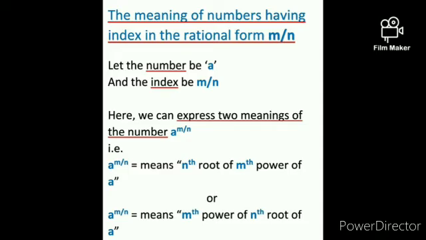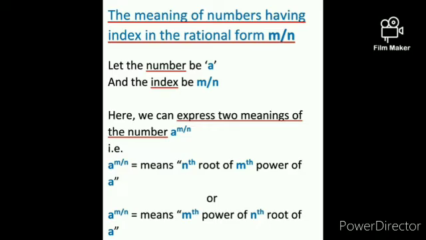The meaning of the number having index in the rational form m upon n. Let the number be a and the index be m upon n. This can be expressed in two ways: the number a raised to m upon n.